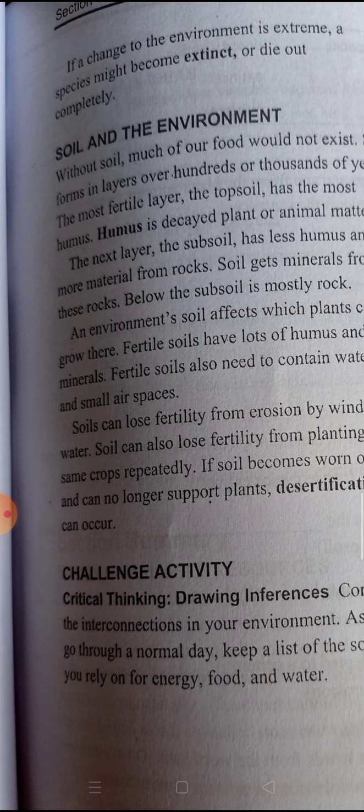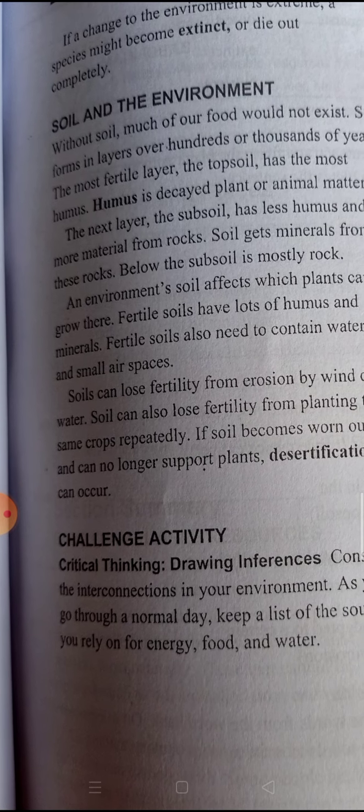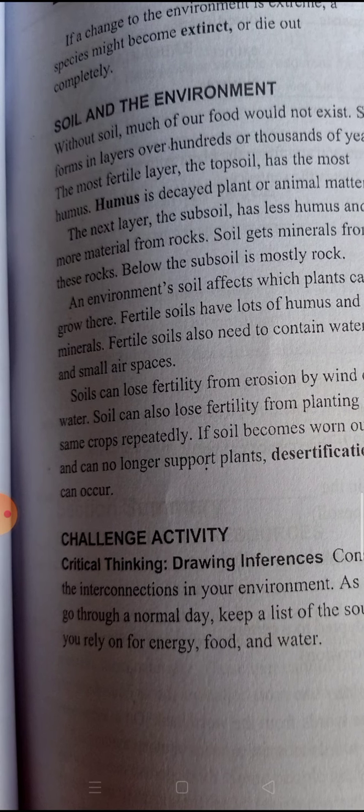The subsoil is the next layer, and it has less humus and more material from rocks. So what is subsoil? Subsoil is the next layer, and it has less humus, less rotten animal or plant matter, and it has more material from rocks.